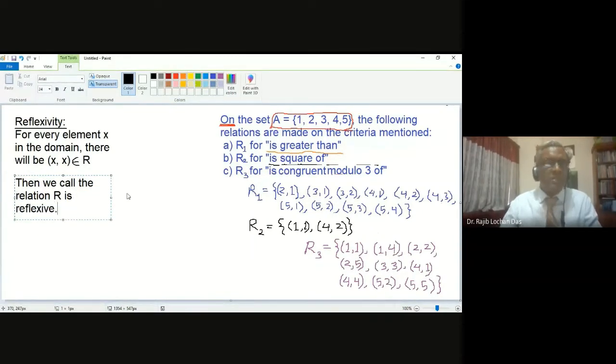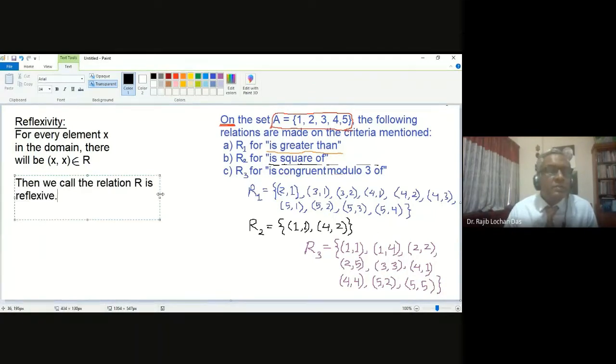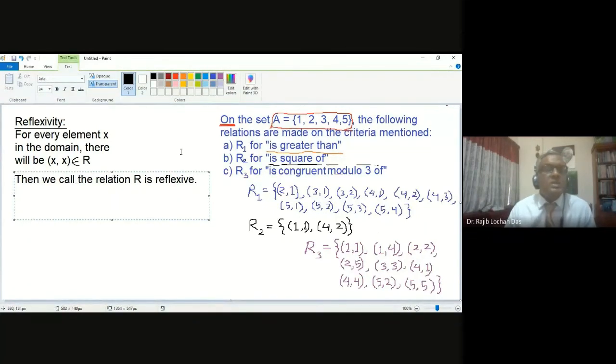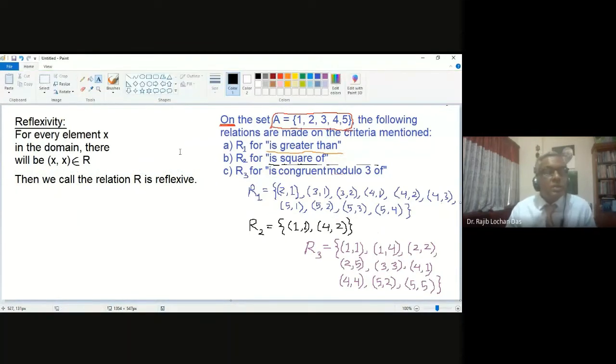Relation R is a reflexive relation because it holds the reflexivity property. That's all. So the relation will be called reflexive if this criterion holds.